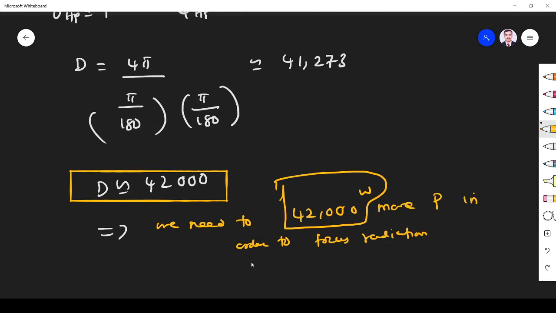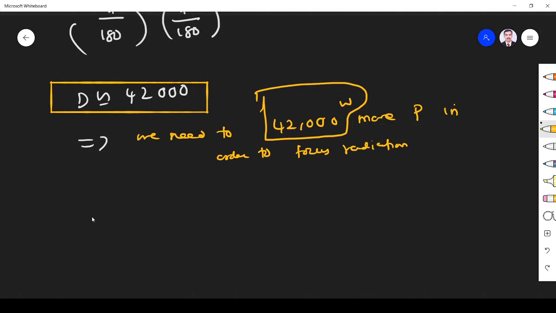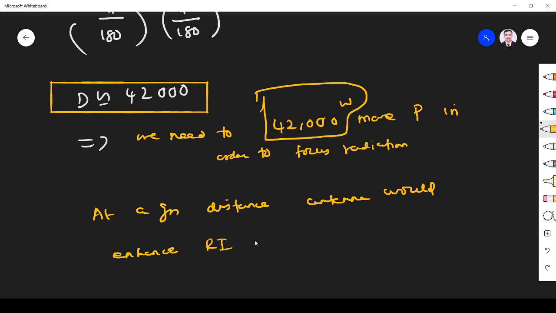At a given distance, our directional antenna would enhance the radiation intensity by a factor of 42,000. So that is the meaning of D equal to 42,000. I hope you understand this concept.